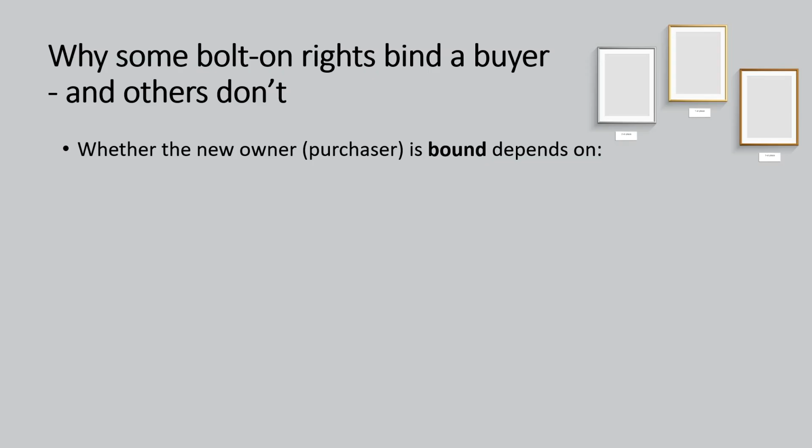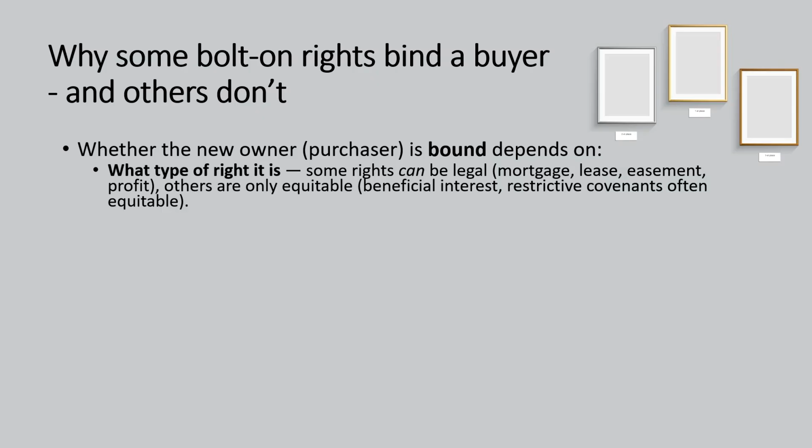Those can bind the purchaser if done correctly, but that depends on different factors. Whether the new owner or purchaser is bound, we will have to look at what type of right it is.